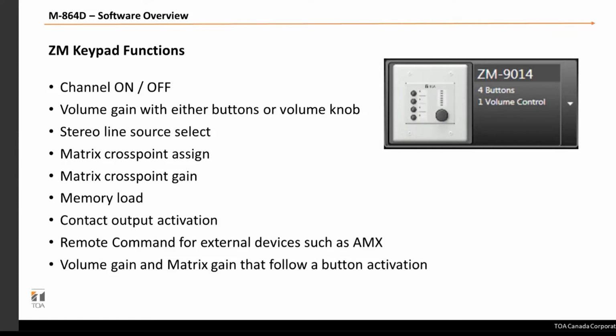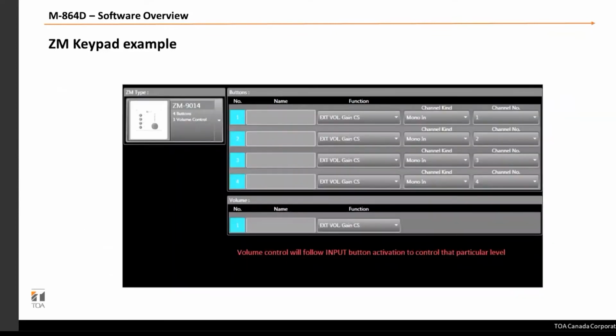Those obviously can be controlled from a third-party device, just like AMX or Crestron or others that will have IP assignment capability. And over here, we'll see a little bit how this will be controlled and the possibilities of the ZM 9014 there.